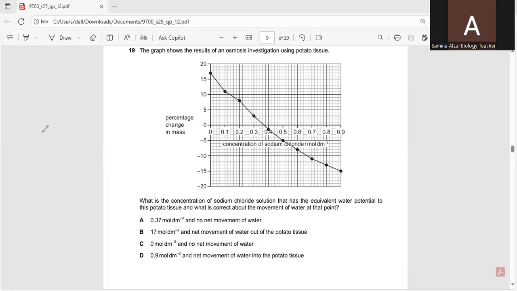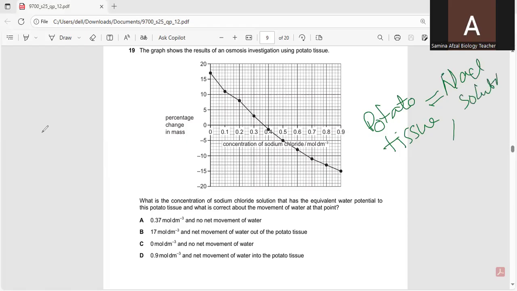When there is equivalence in the potential on both sides, that is, the concentration of sodium chloride solution and the potato tissues both have equal concentration, equal NaCl solution, it means there will be no movement of water. No movement of water.